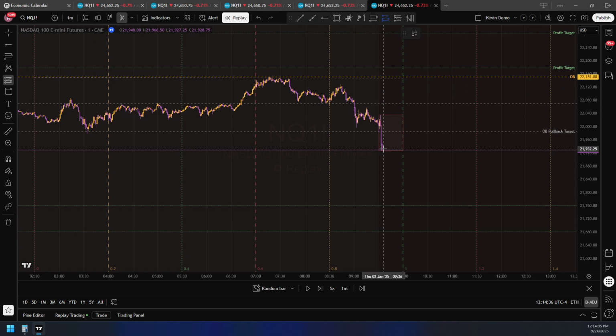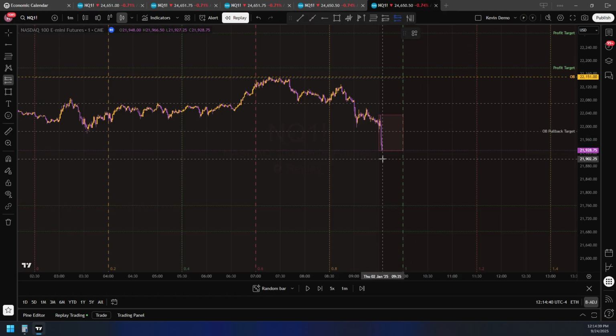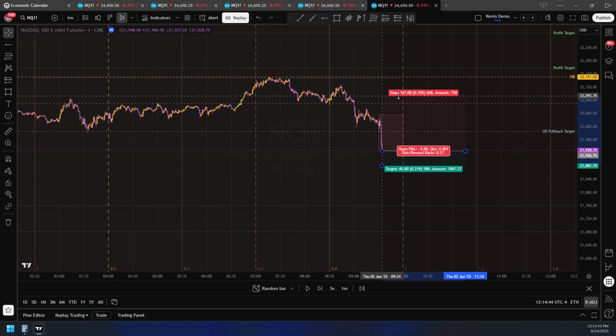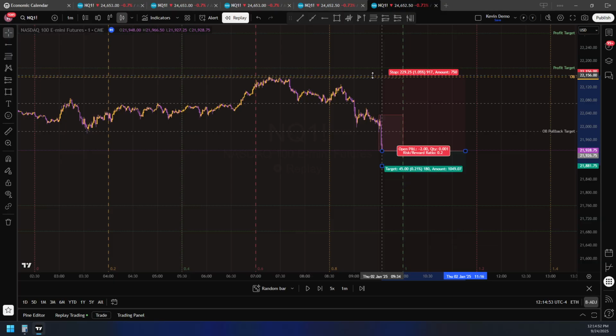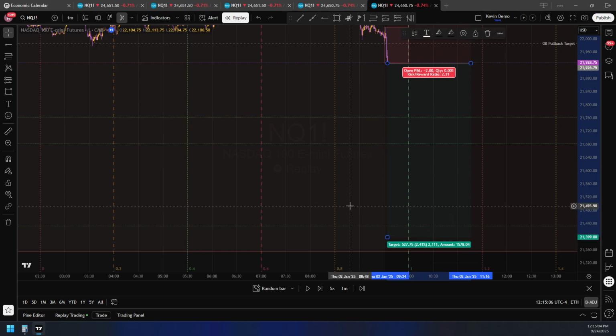So if we were to enter this short position and we put the stop back here, or even back here, like behind the protected zone, that's a stop of 228 points. That's big. The question is, how big is our profit target?